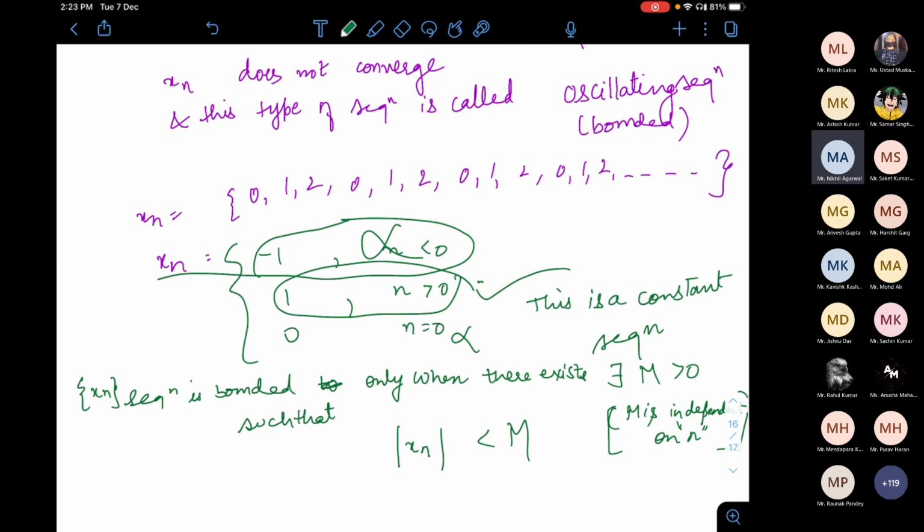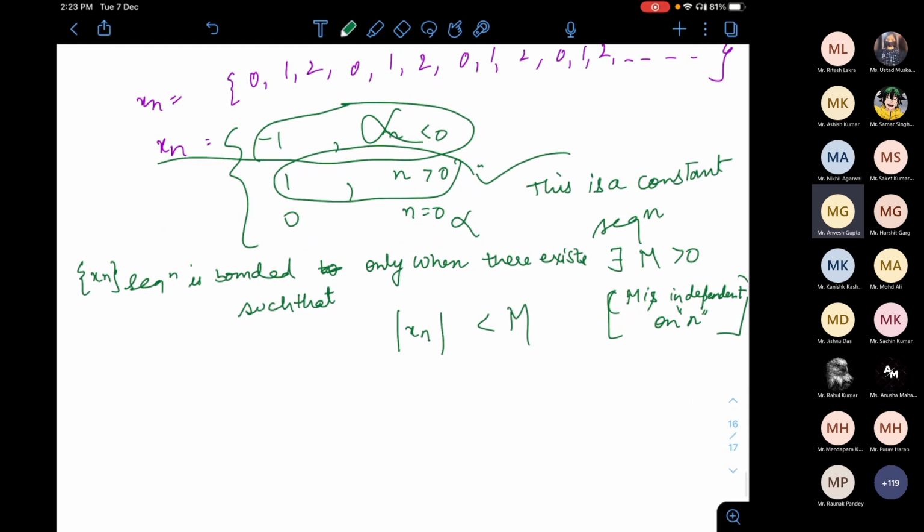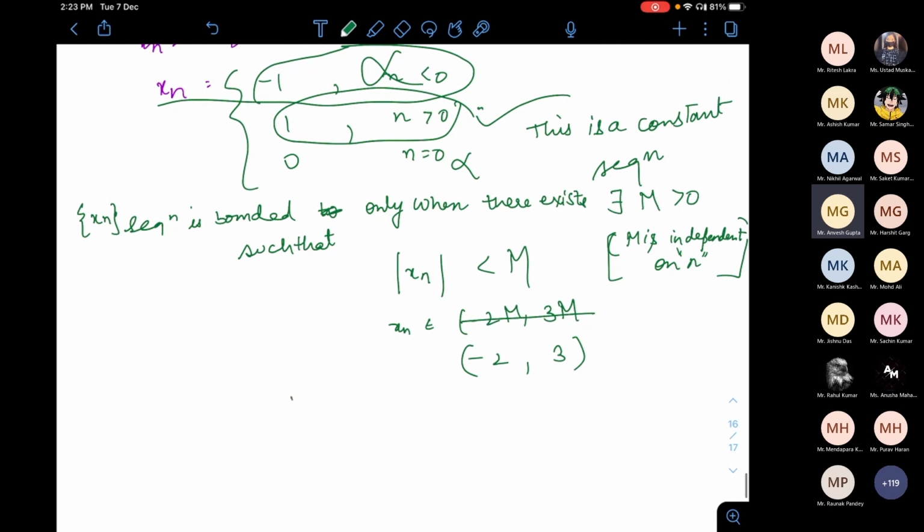In this case, xn belongs to minus m open to m open. But in a particular case, if xn belongs to minus 2 open to 3 open, then also we can say the sequence is bounded, because in this case you will choose m to be 3.